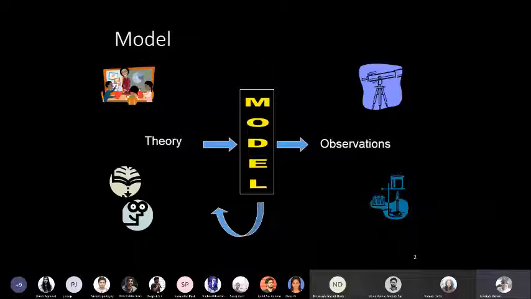And this way, theory and observation go in a cycle. That means sometimes theory gives rise to observation. That means presently we predict where we can see a celestial object, and also the observation or the model can also contribute to theory. That means using the model itself, we formulate theory.